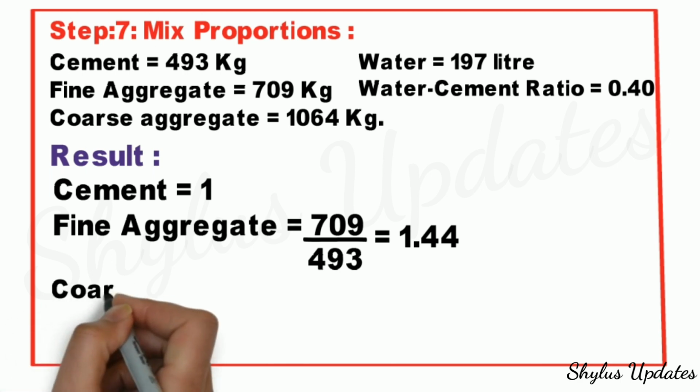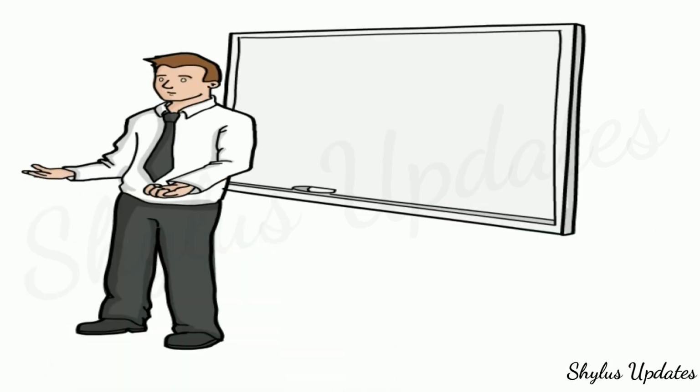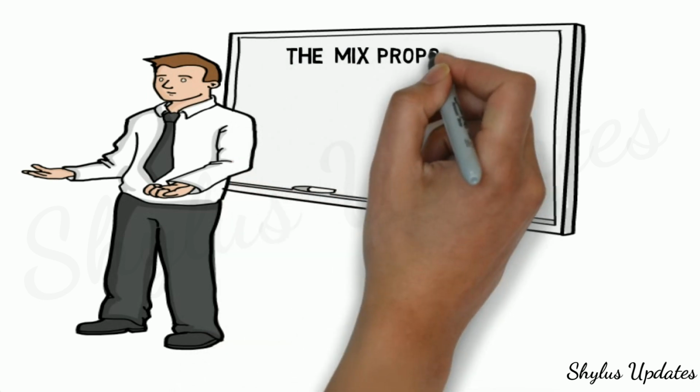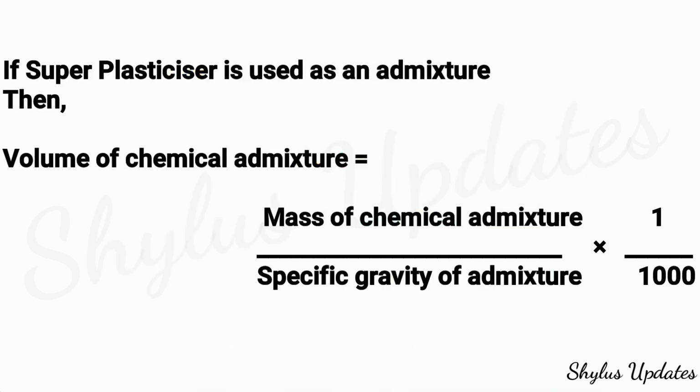Coarse aggregate is equal to 1064 upon 493. So we get the answer 2.16. The mix proportion for M40 concrete using given specifications is 1:1.44:2.16. If superplasticizer is used as an admixture, then volume of chemical admixture is equal to mass of chemical admixture upon specific gravity of admixture into 1 divided by 1000.